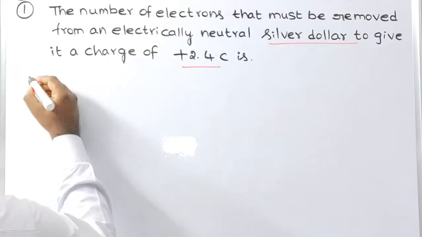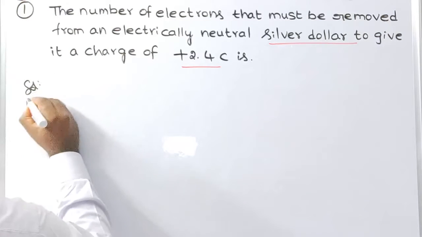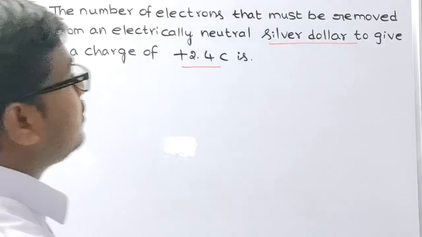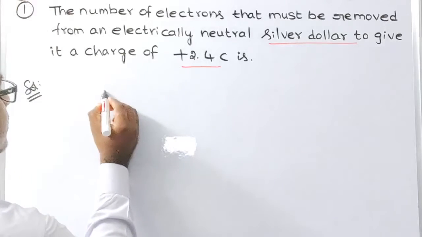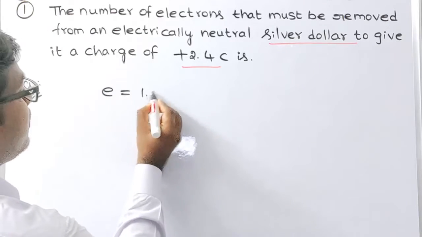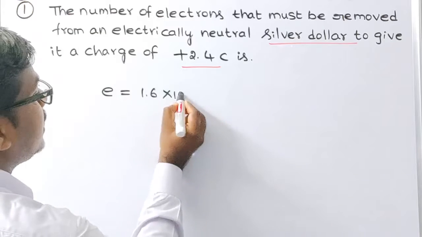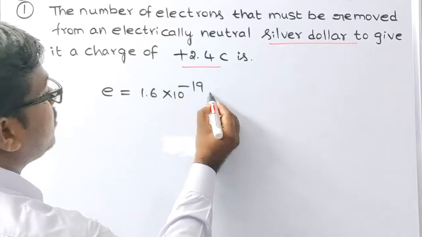First write the given data. The charge of an electron, e, is equal to 1.6 into 10 power minus 19 coulombs.